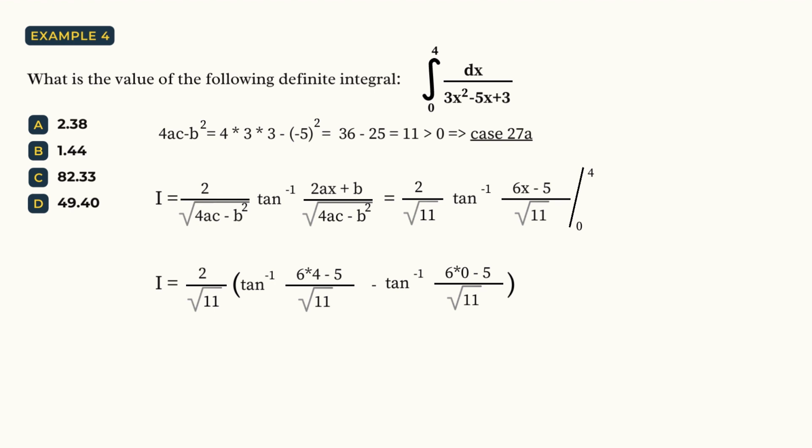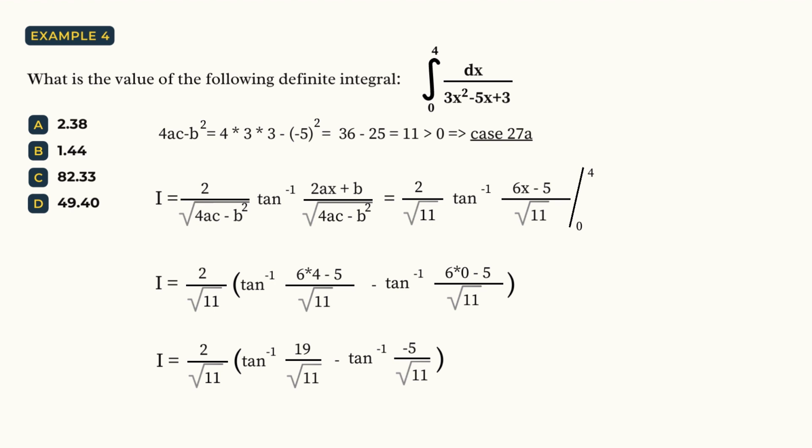So we'll have 2 over square root of 11 multiplied by arctangent of 6 times 4 minus 5 over square root of 11 minus, and F(a) is arctangent of 6 times 0 minus 5 over square root of 11. Let's do the math here, and we'll have 2 over square root of 11 of arctangent of 19 over square root of 11 minus arctangent of minus 5 over square root of 11.